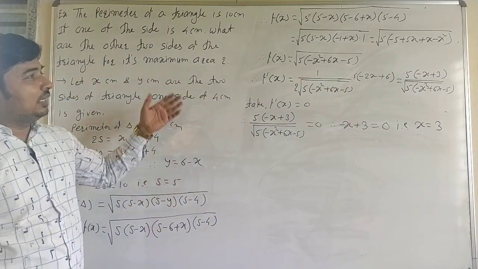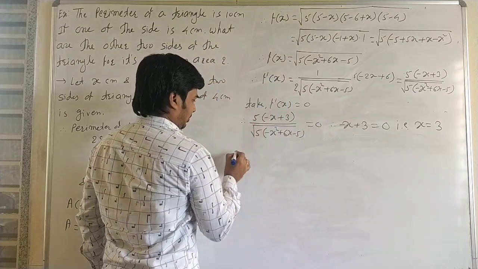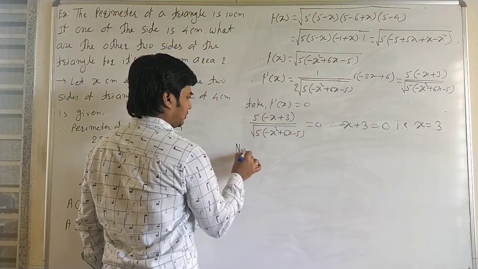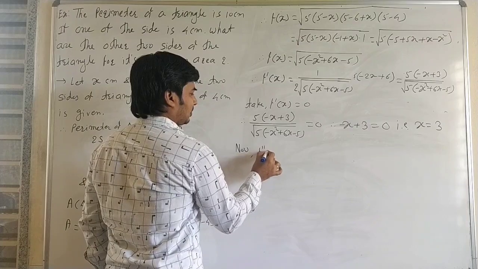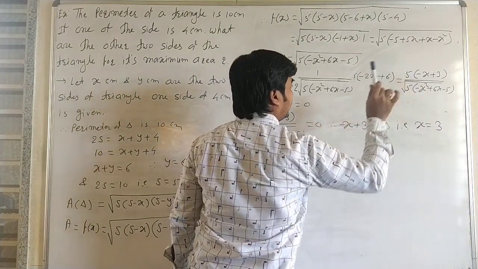Now we find f double dash, the double derivative. It is f dash of x. Now f double dash of x. Now here u by v.